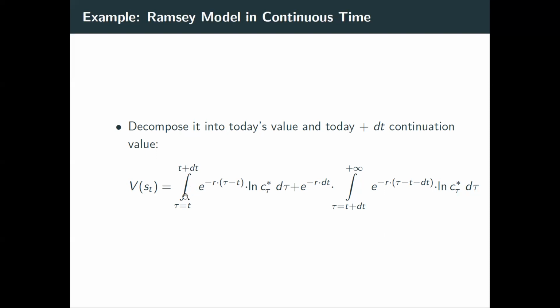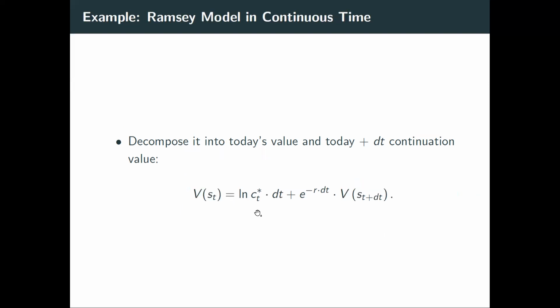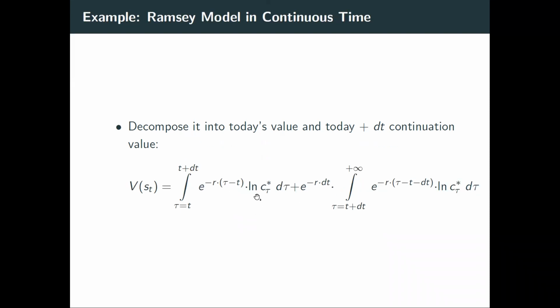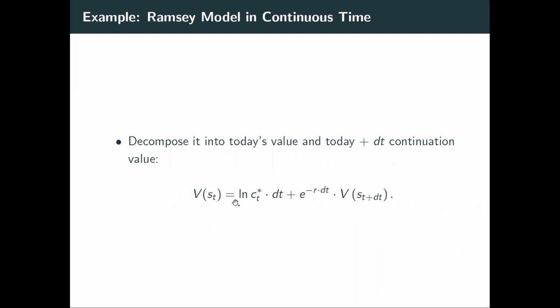And therefore, with some rigorous analysis, you can show that actually the first term, when you substitute tau equal to t, the discount is 1, right? So it's ln of ct, and dt is the length of integration. So eventually, the Bellman equation will be like that.